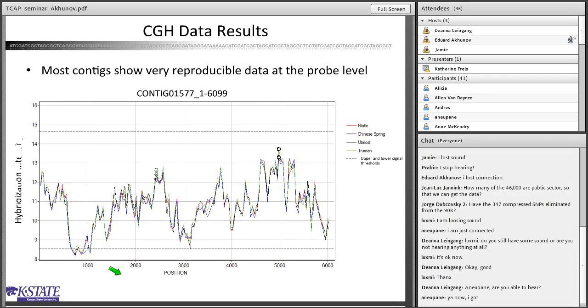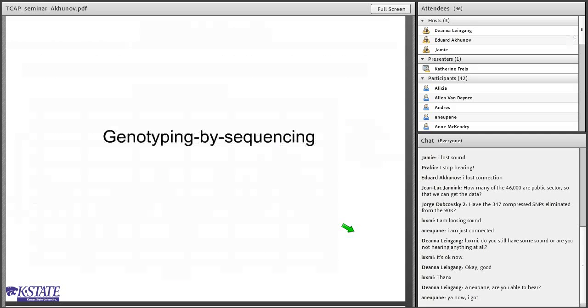And you may see that the coverage is quite uniform, uniform in a sense that for each of the accessions we obtained exactly the same results. And of course, these dips in the coverage are mostly related to the properties of the capture probes rather than to the genotype itself.